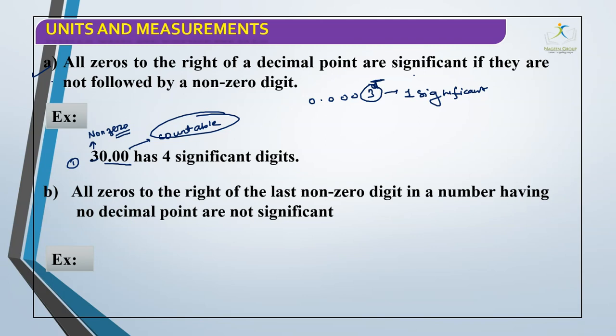Next, all zeros to the right of the last non-zero digit in a number having no decimal point are not significant. Like this. Now, the point which you have to remember. Here, as you can see, if the digit is like that, 30, this has only one significant figure.